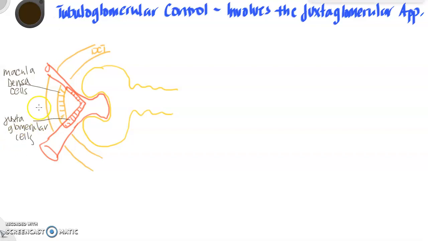Okay, so those macula densa cells, we said before they monitor the filtrate.